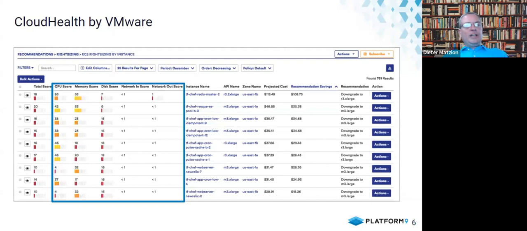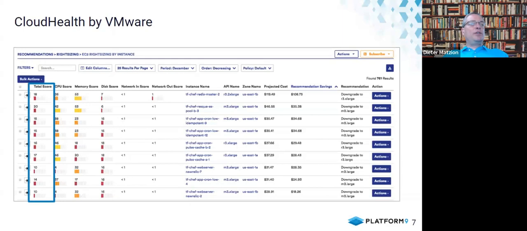Now, CloudHealth takes those scores and converts them into a total utilization score, which we see here on the left. So that's really great. I like the tabular format of this user interface and the detail that it brings. However, remember, we talked about memory and disk utilization. This will become important later as we go into the pros and cons.